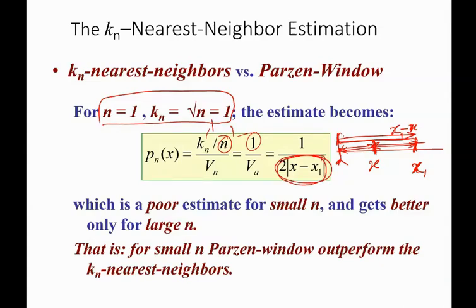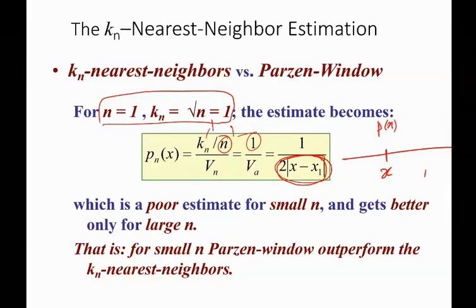Let me repeat: say this is the given sample around which I want to estimate density, and this is the training sample x1.